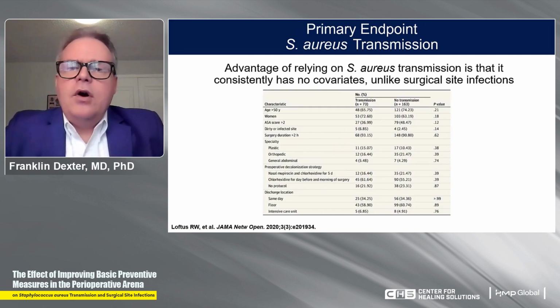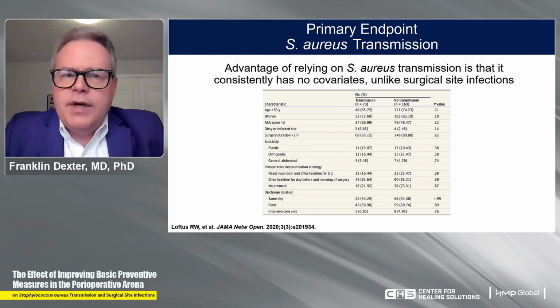Why use Staph aureus transmission as an endpoint, not only for clinical trials, but for purposes of assessment within your hospital? A patient's risk for developing surgical site infection depends on many covariates. Many of these covariates are not related to the risk of transmission of the pathogen, what you can control, but related to the individual patient.